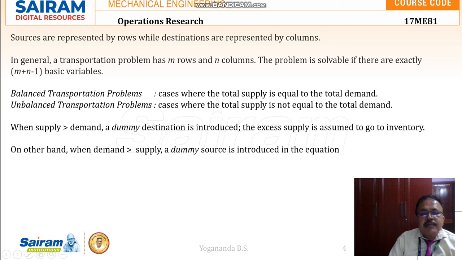A dummy column is introduced so that the excess supply will go to inventory. When demand is greater than supply, that is demand is more and suppliers are less, a dummy source or dummy supplier will be introduced in the equation.